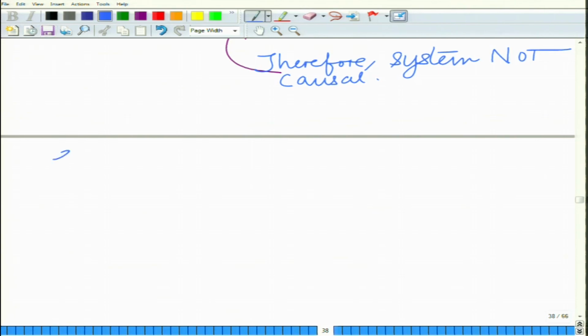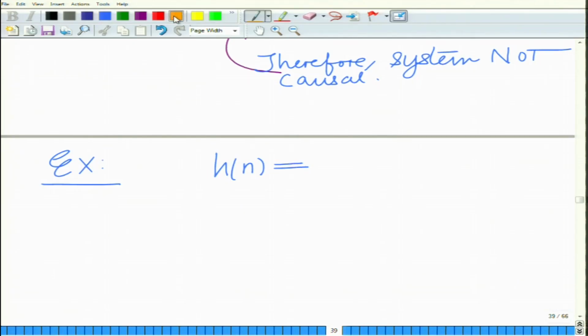Let us do another example, and in this example we will examine the concept of BIBO stability for a discrete time LTI system. Remember, BIBO stability refers to bounded input bounded output stability. So, we are going to check if h of n, with impulse response given by alpha to the power n, is BIBO stable.